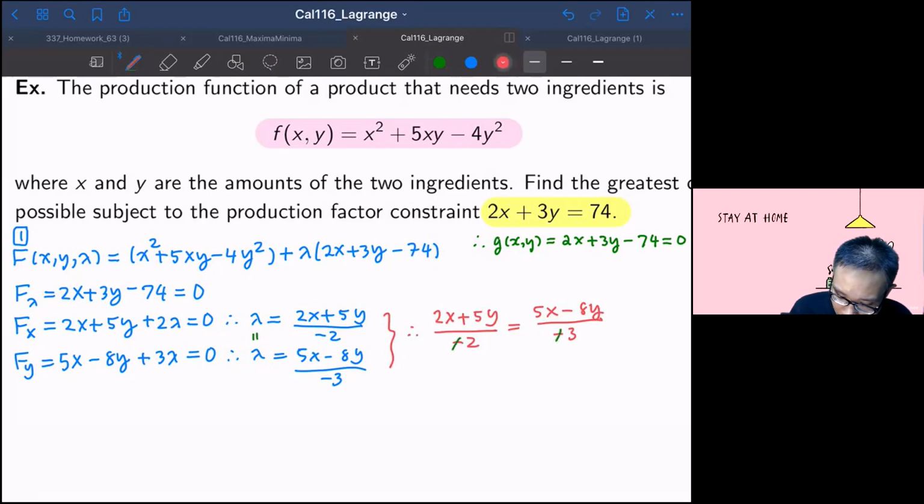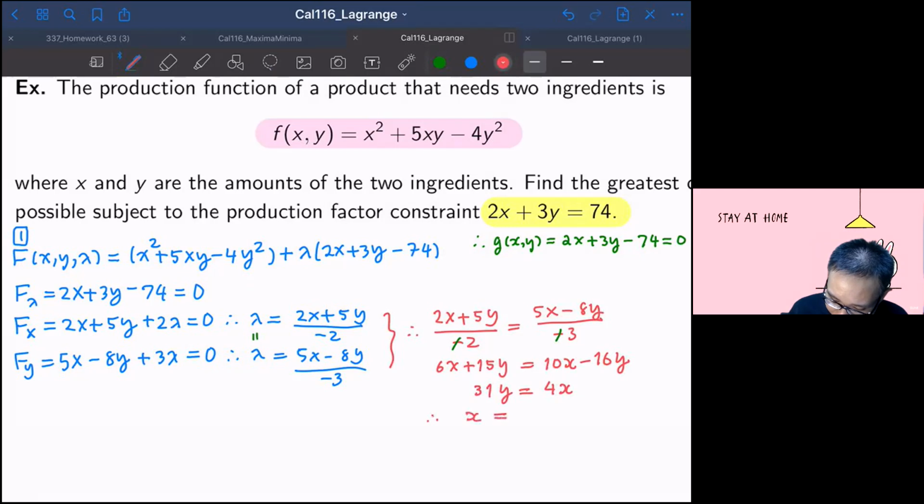So it's gonna be 6x plus 15y equal to 10x minus 16y. So this one will be 4x equal to 31y.